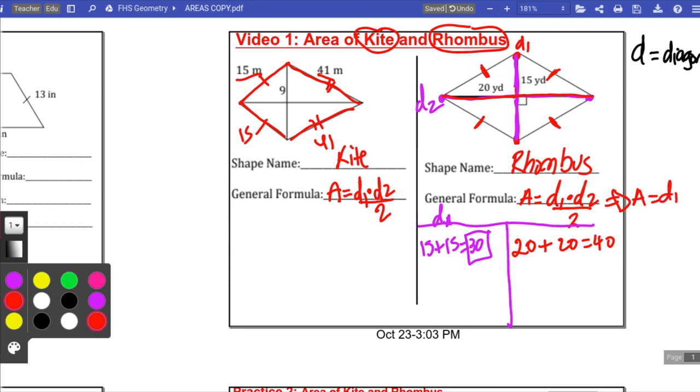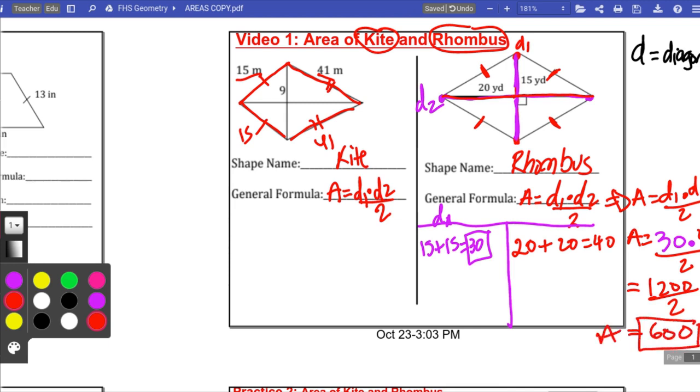A equals D1 times D2 divided by 2. D1 was 30 times D2 was 40. Divide that by 2. You get 1200. Divide that by 2. You get 600 as the final answer. Okay? That's how you do the rhombus.